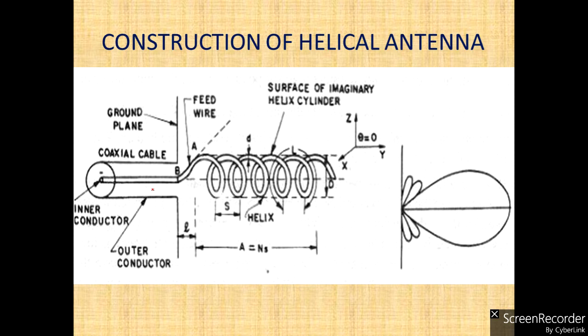In coaxial cable we have the center conducting wire. We cut the outer dielectric material, whatever may be present, and take just the conductor and wound this conductor in a helical manner.